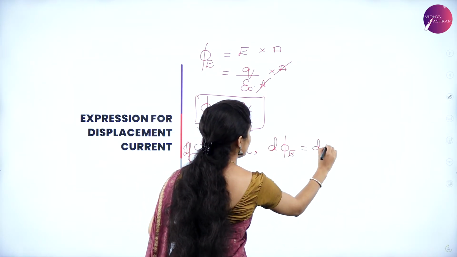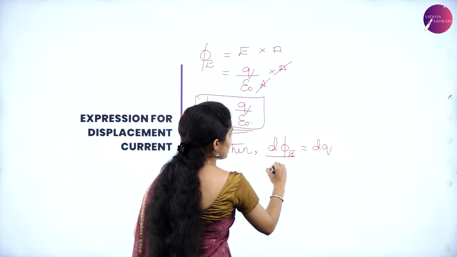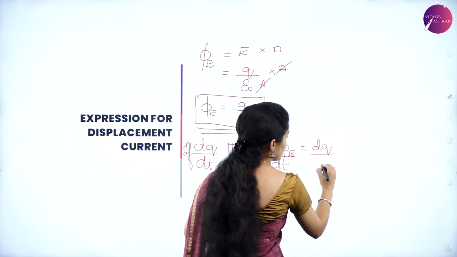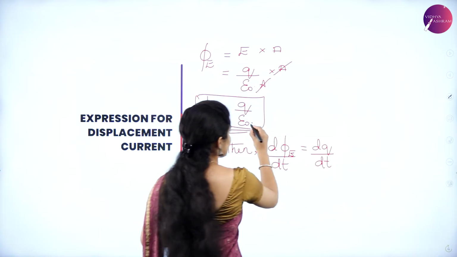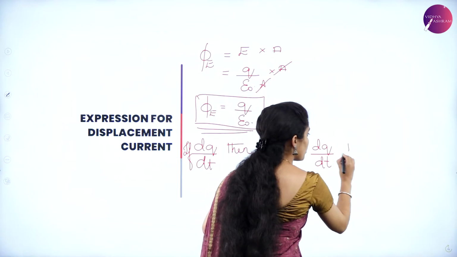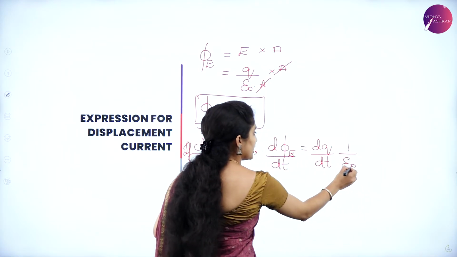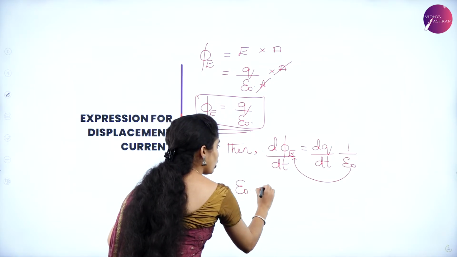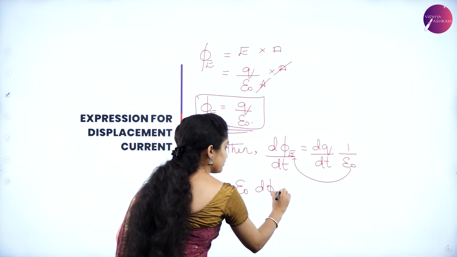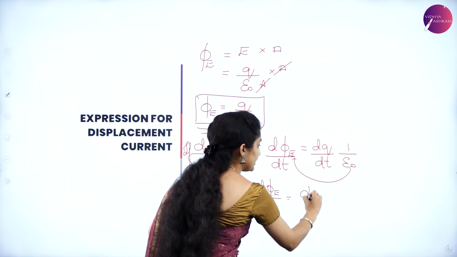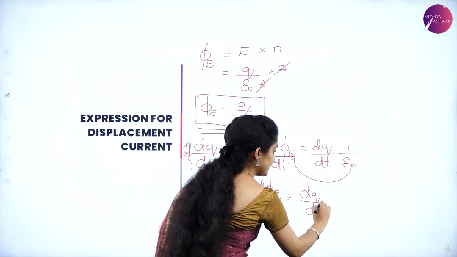Both are dependent on time. Taking epsilon naught to the other side, we have epsilon naught d phi E by dt, which is equal to dq divided by dt.